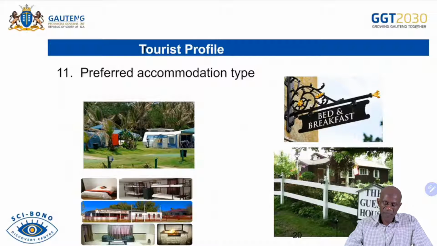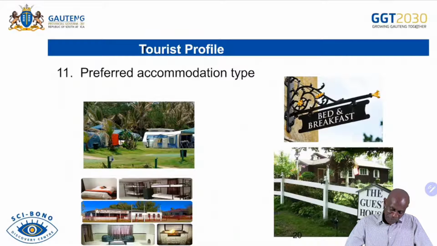Preferred accommodation. The slide here portrays different kinds of accommodation. As you can see, the first one on your left is a campsite. They are using tents. The tourist profile will tell you if there is a need for this kind of accommodation.